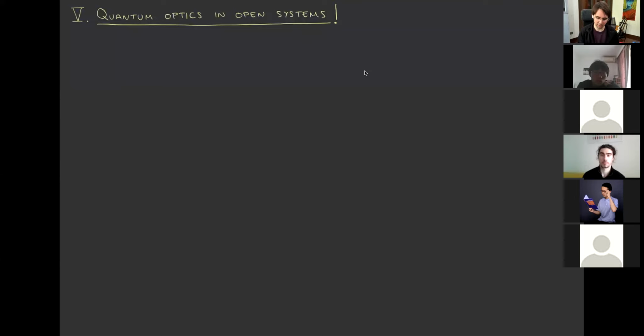So let me first introduce what an open system is generically. What we have done so far is something like this. We have a system that we have assumed is perfectly described by a Hilbert space, and whose dynamics is perfectly described by a Hamiltonian H, okay?